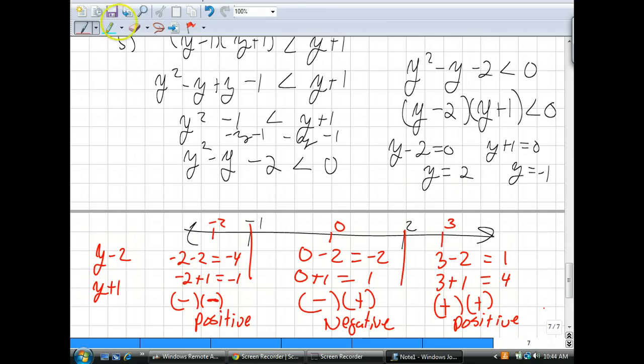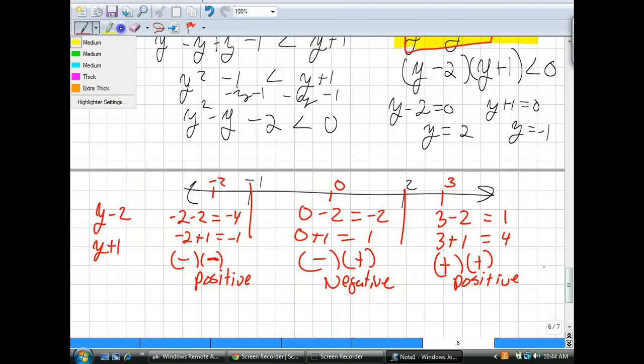Now remember, we go back to where we have the inequality with 0 on one side. And this says that I want this side to be a number less than 0. So I want it to be negative. So I come back, look for the negative interval.